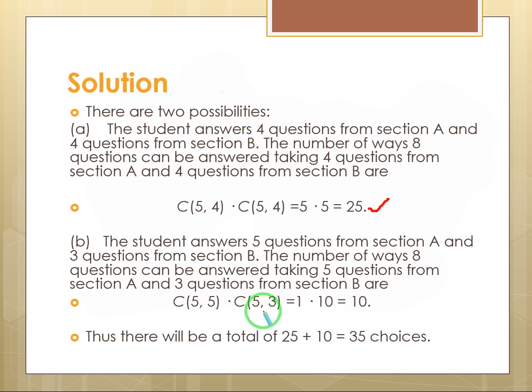So C(5,5) and C(5,3). C(5,5) is equal to 1, and C(5,3) is equal to 10. So the total combination is 10. So the total number of ways is 25 plus 10, which is equal to 35.